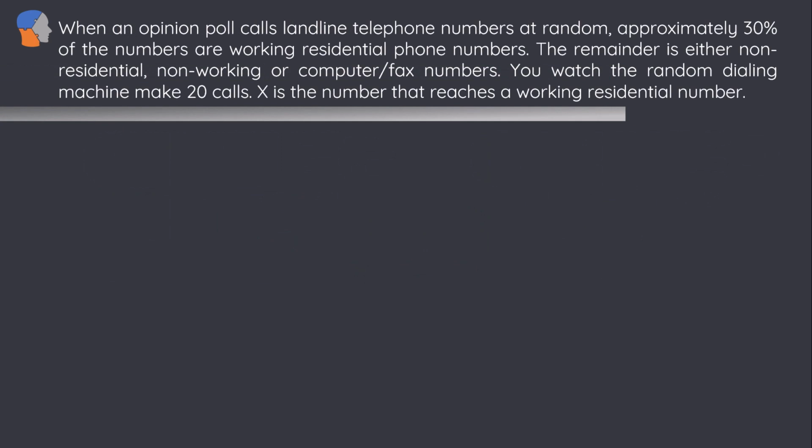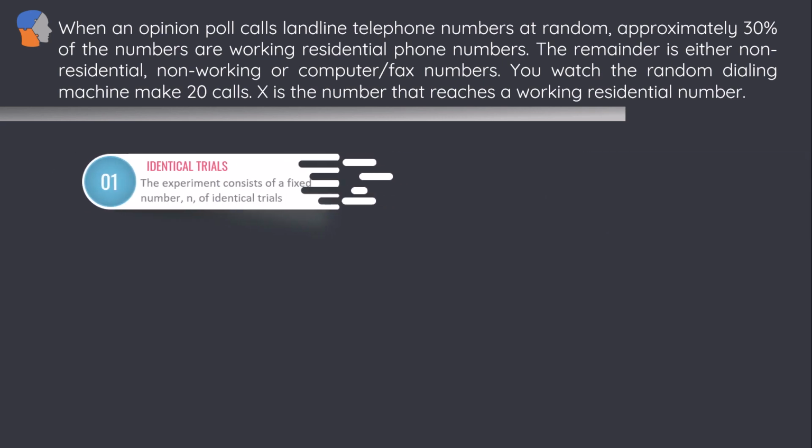When an opinion poll calls landline telephone numbers at random, approximately 30% of the numbers are working residential phone numbers. The remainder is either non-residential, non-working or computer fax numbers. You watch the random dialing machine make 20 calls. X is the number that reach a working residential number. What do you think about this? What is the n?